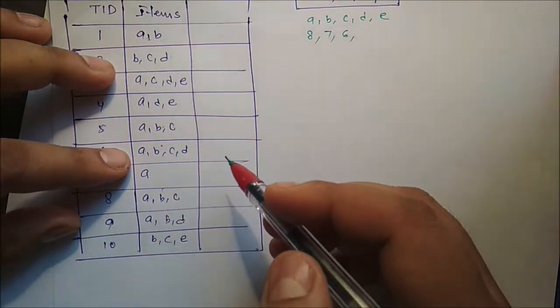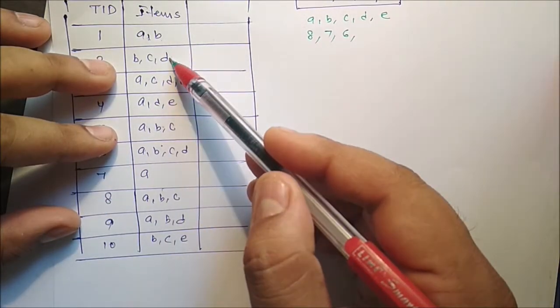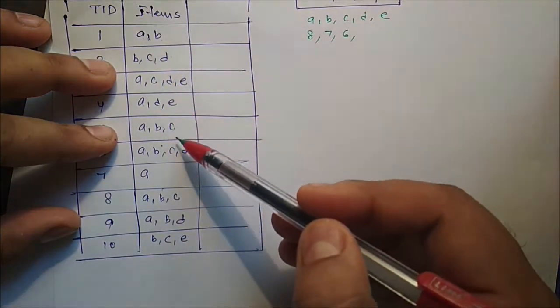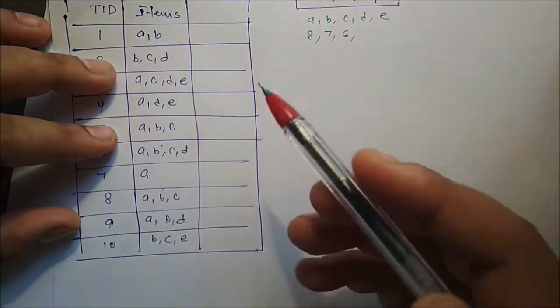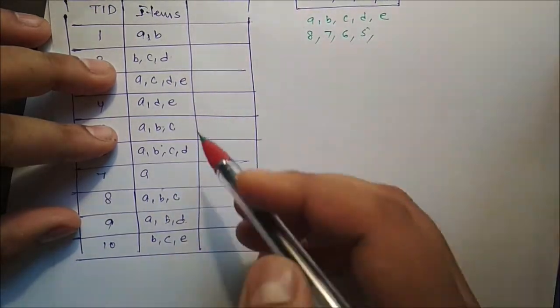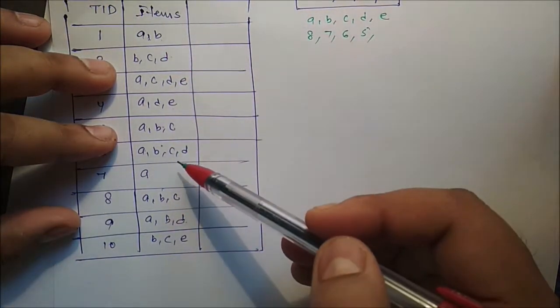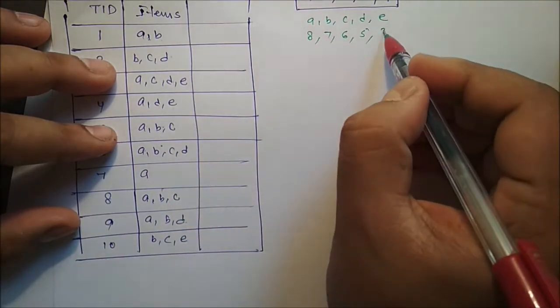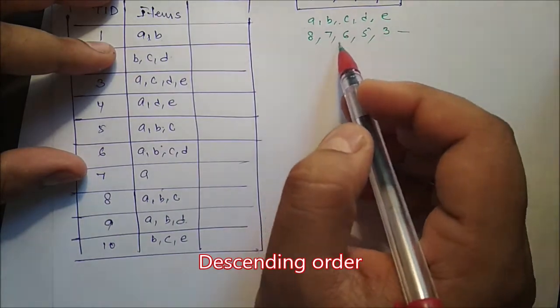D how many times? 1, 2, 3, 4, 5. So D is 5 times. And E how many times? You can see 1, 2, 3 times. So A, B, C, D, E are already in ascending order.